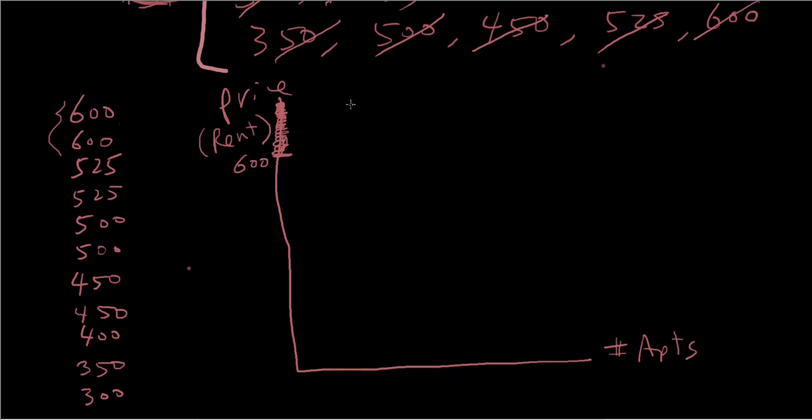Now, if the rent is between $525 and $600, say $550, then how many of these 11 people are willing to rent? There are these two people who are willing to pay up to $600. So if the price is between $525 and $600, 2 units will be demanded.